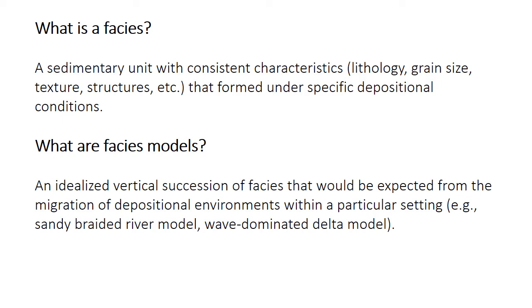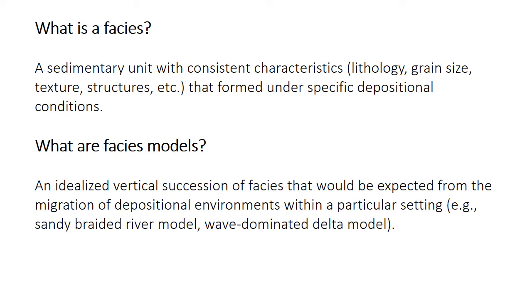I briefly mentioned the concept of a facies in the previous video, but here's a more formal definition. A facies is just any sedimentary unit that can be defined by a suite of consistent characteristics, which can include its lithology, grain size, texture, sedimentary structures, fossils, or any other feature that can be observed.